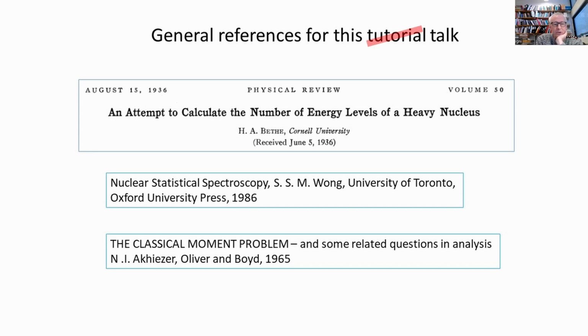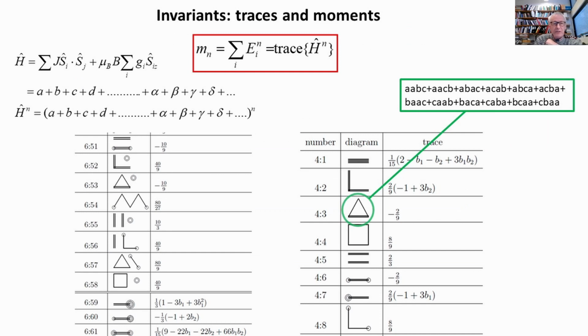And then there's a monograph in mathematics which has been very helpful for this. See, there is nothing stochastic with these energy levels, but the language of statistics comes in very handy.